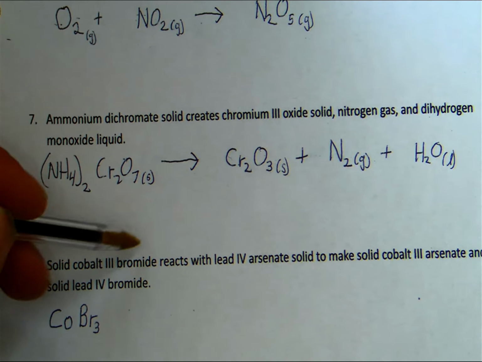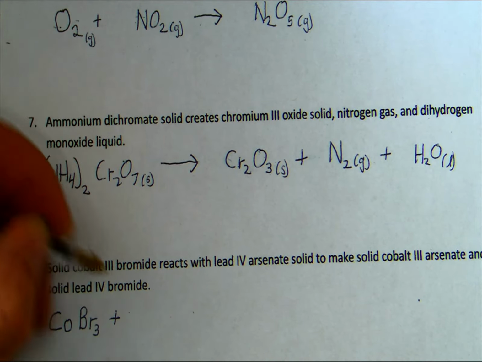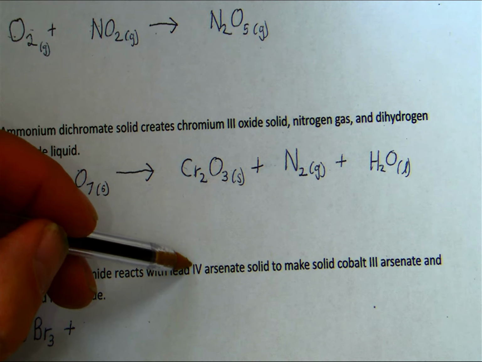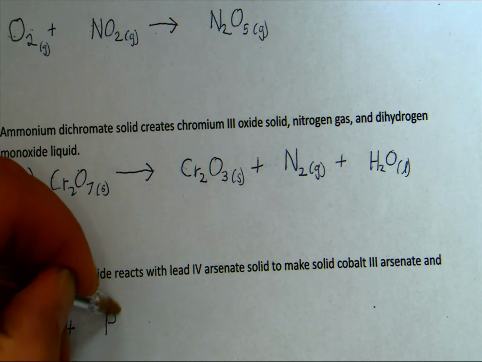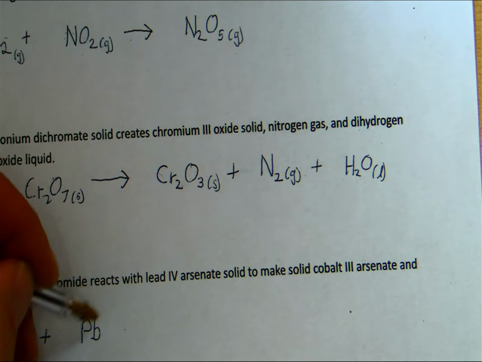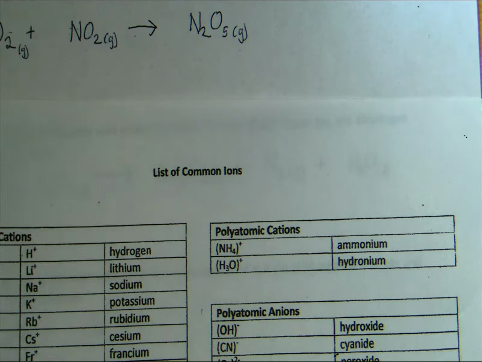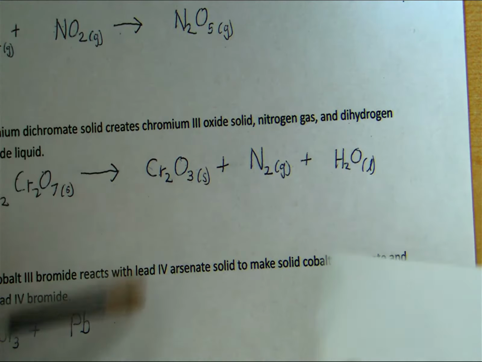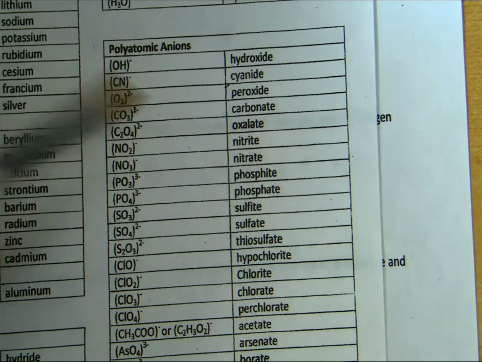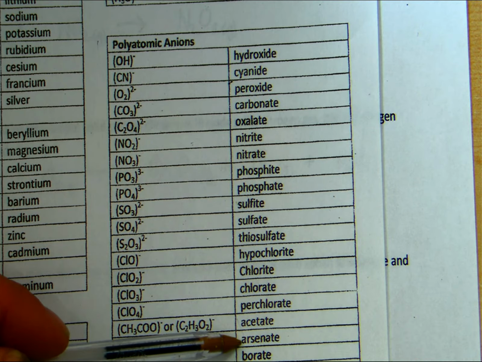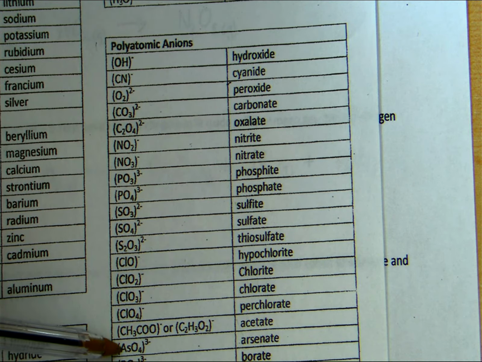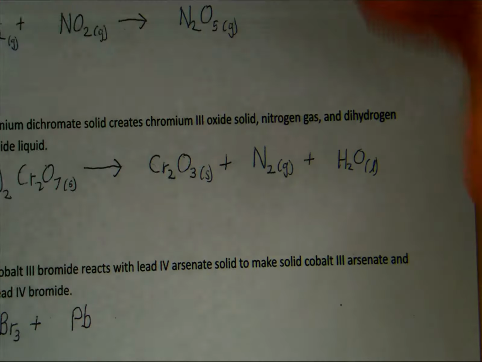Reacts with lead 4 arsenate. Lead is Pb. Roman numeral 4 means it has a +4 charge. Going to the list of common ions, polyatomic anions, looking up what is arsenate. Looking, arsenate is AsO4 with a 3- charge.